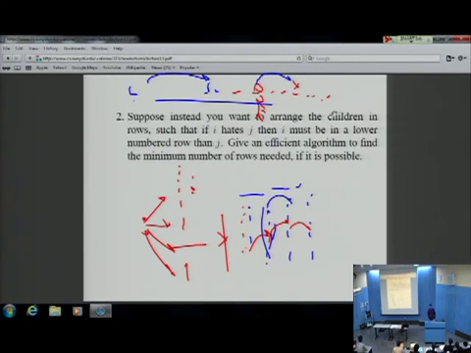Right. What if instead of one by one, if I have a lot of in degree 0 vertices, all of these guys have the property that they could all be placed first?